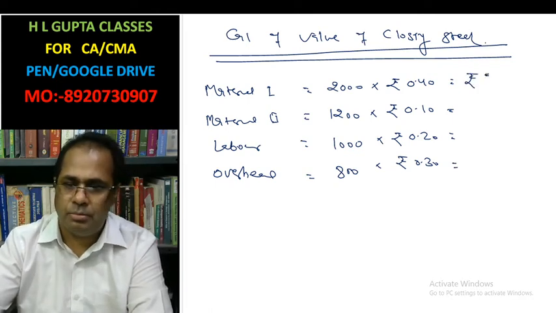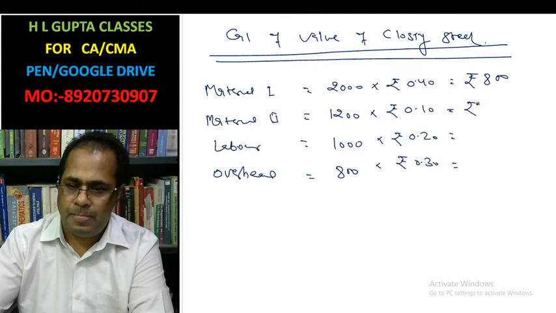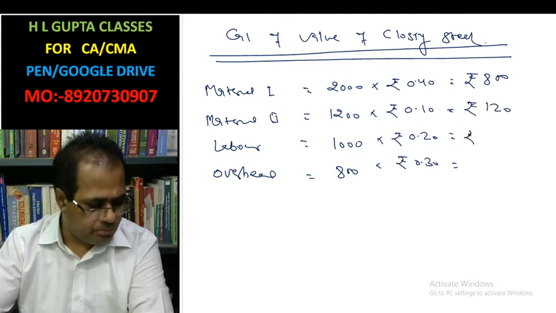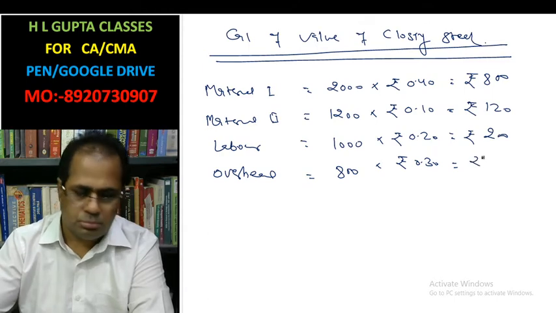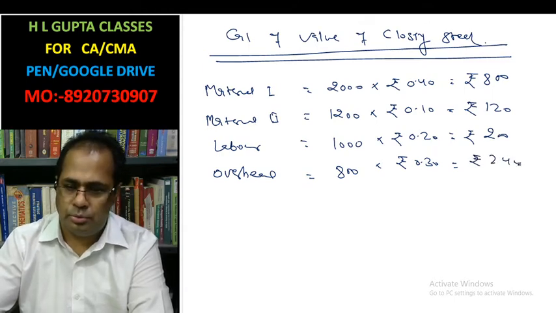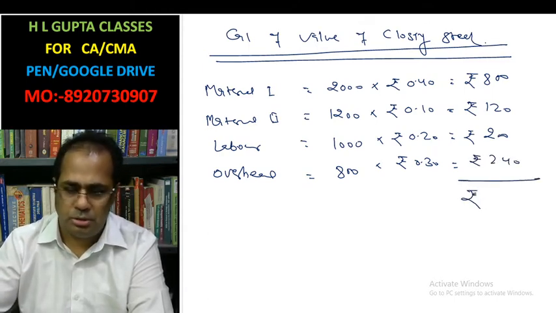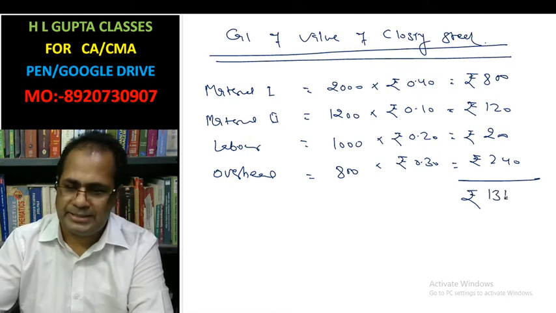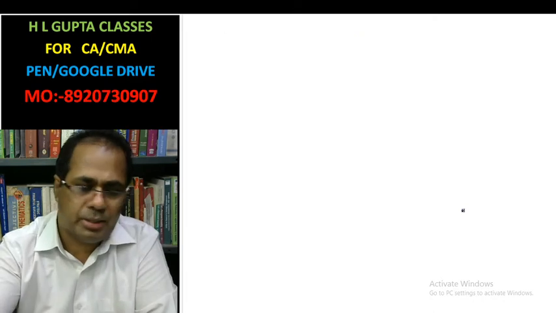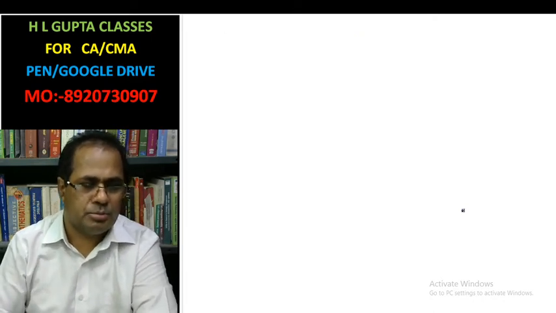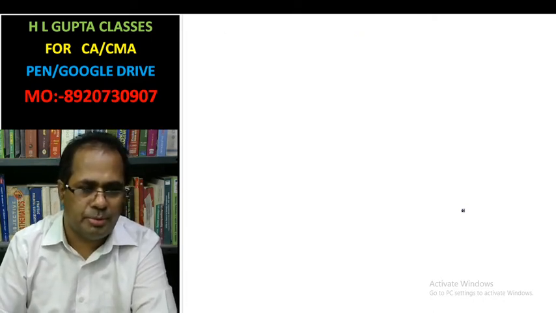Rupees 800, 120, rupees 200, 240. Total cost 1360. Okay, calculation of value of closing stock is done.